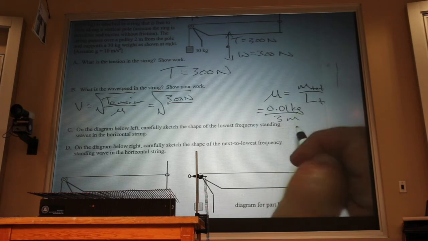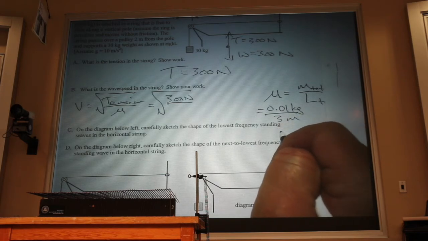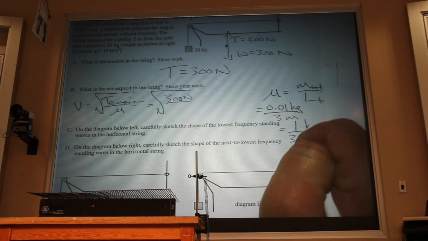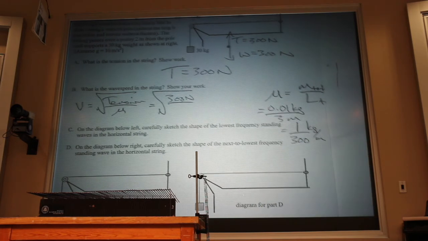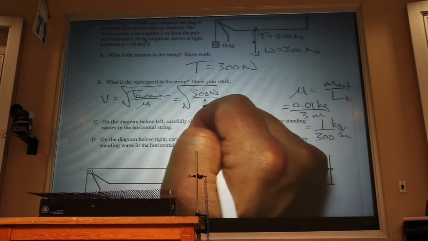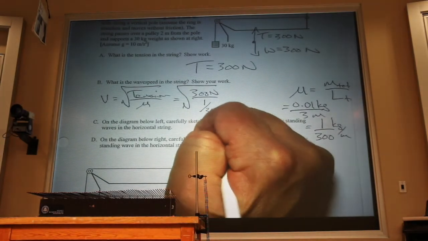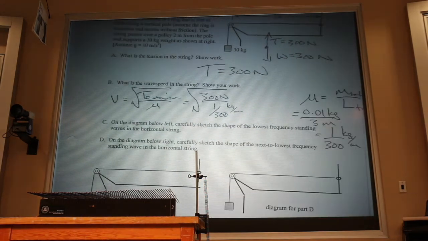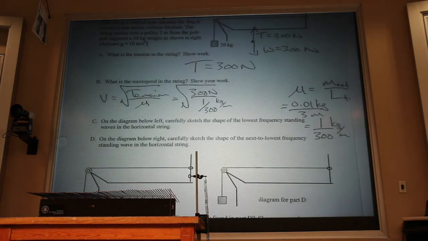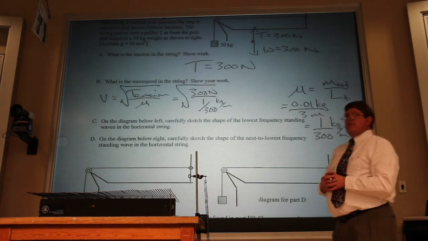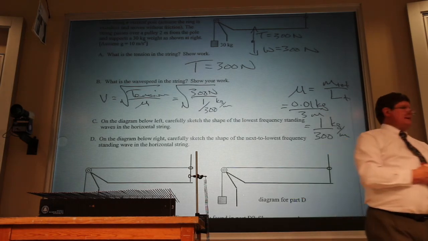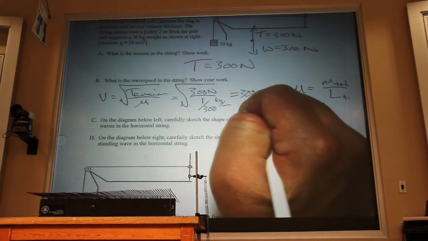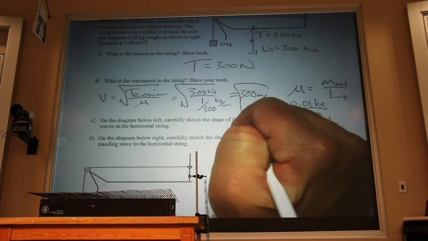Now, I can also multiply top and bottom by 100 and say that's 1 over 300 kilograms per meter. And I do it that way because when I put it in here, I can invert and multiply, and now I'm taking the square root of 300 squared. I can do that in my head. That's going to be 300 meters per second.